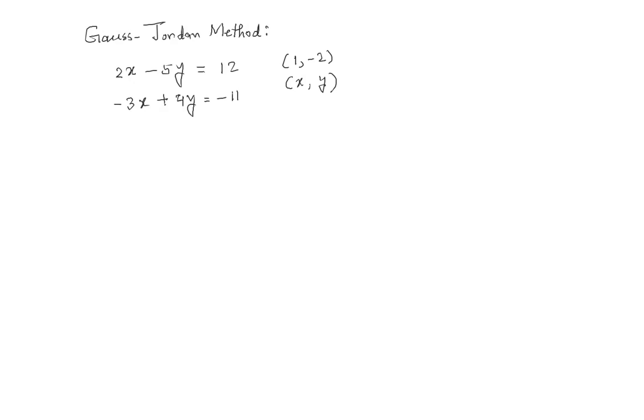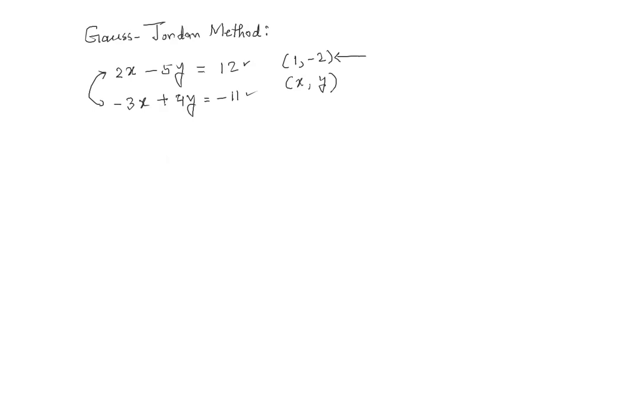Now, if I switch the equations, bring the top one to the bottom and the bottom one to the top, write this one first and this one second, that's not going to change the solution, is it? It doesn't change the solution. So I can switch them.